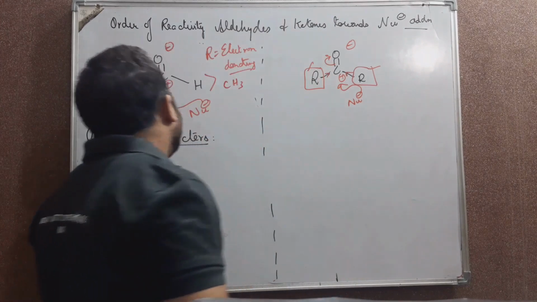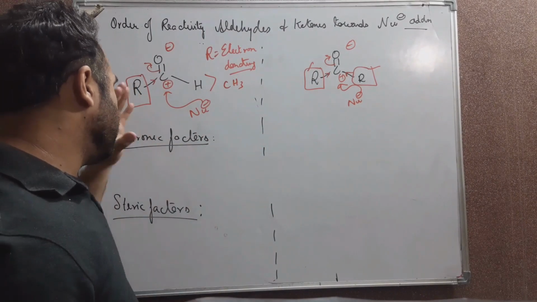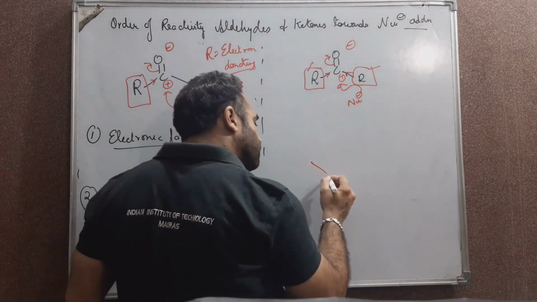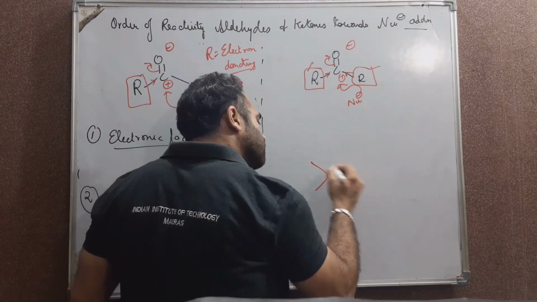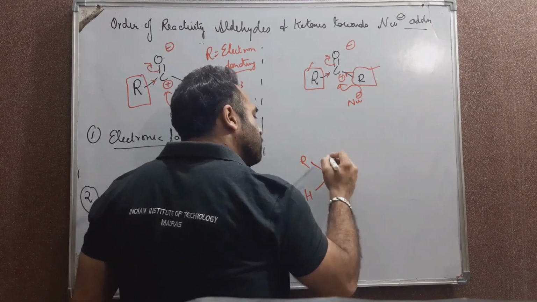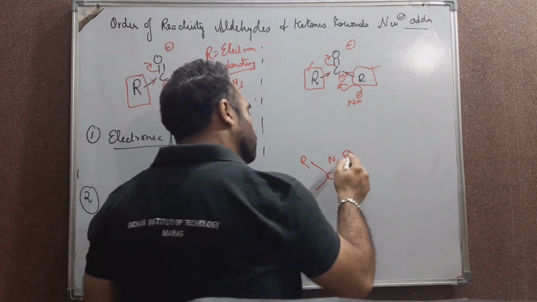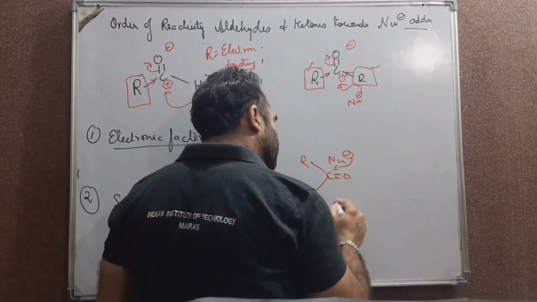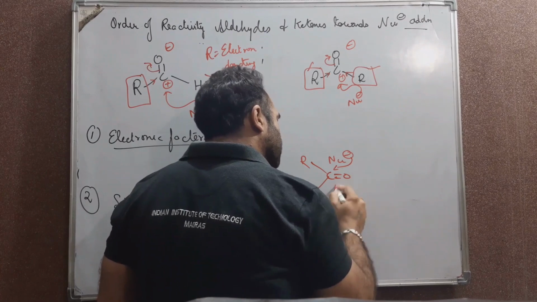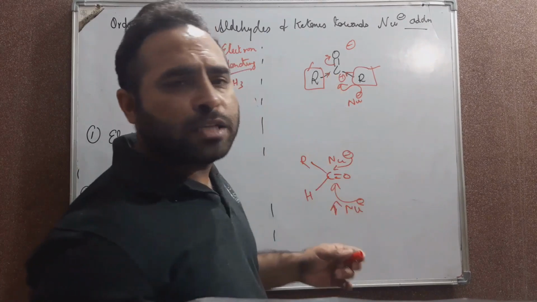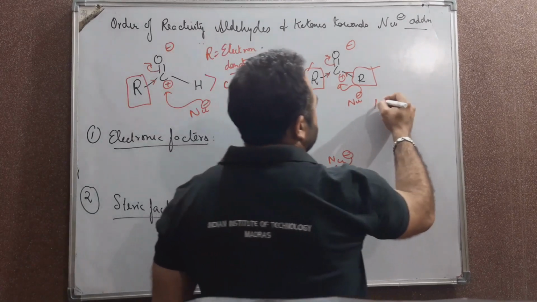Okay, it is presumably believed that the nucleophile attacks like this at 90 degrees because it's an sp2 carbon. The attack never happens at 90 degrees. It is at somewhere around 107 degrees, something like that.